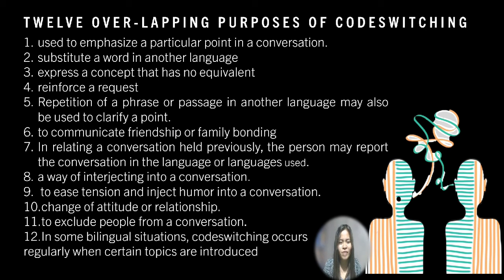So this often happens because bilinguals use different languages in different domains of their lives. So a young person may, for instance, switch from the home language to the language used in school to talk about a subject such as mathematics or computers. Or an adult may code switch when talking about work because the technical terms associated with work are only known in that language.